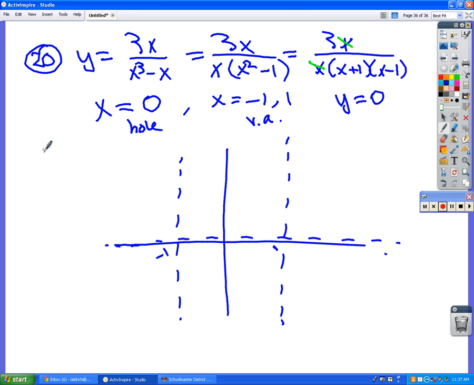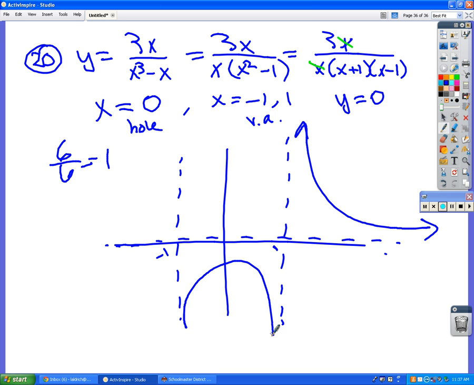If I plug in 2, I get 6 over 2 cubed, which is 8, minus 2 is 6, so that's 1. So when x equals 2, y equals 1, so you know that one of the things is in this branch right there. And then I have another one going on here, but at x equals 0 there's a hole, and then I have a branch over there.